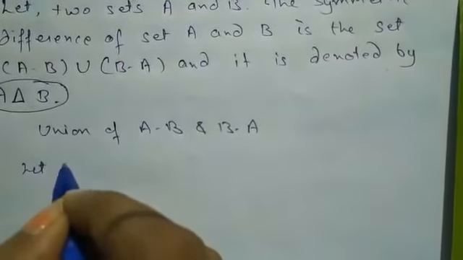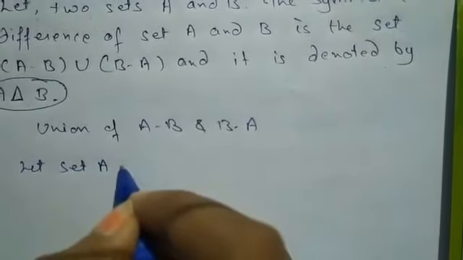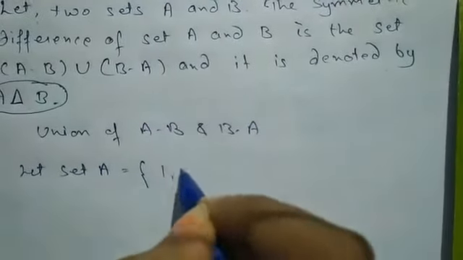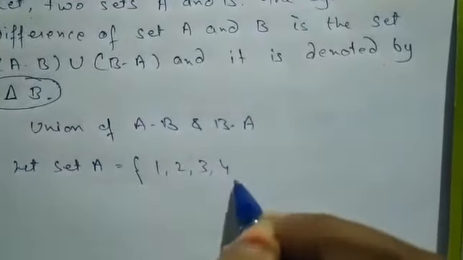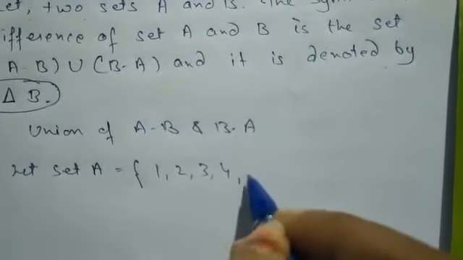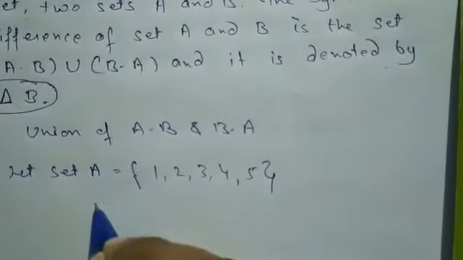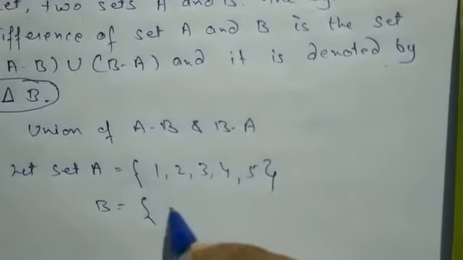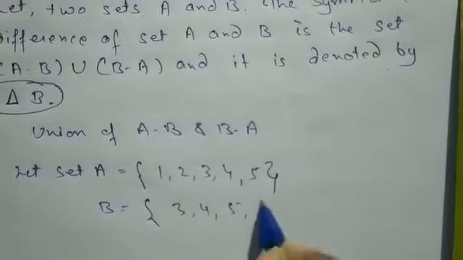Let set A have elements 1, 2, 3, 4, 5 and set B have elements 3, 4, 5, 6.